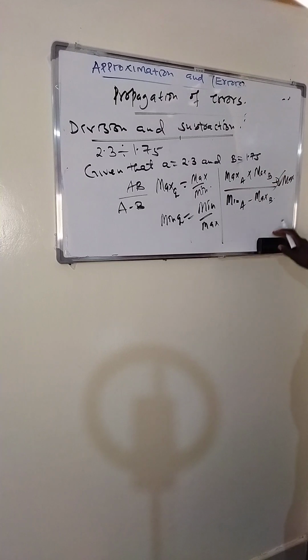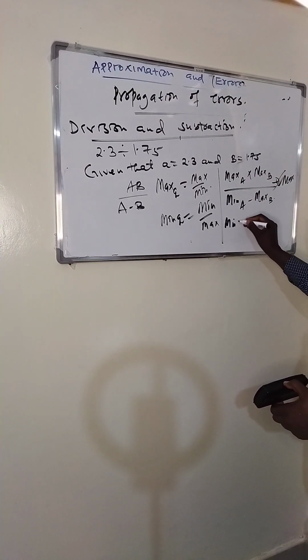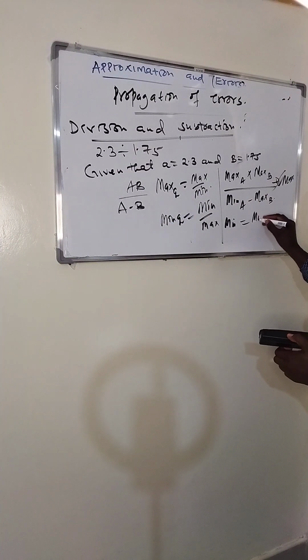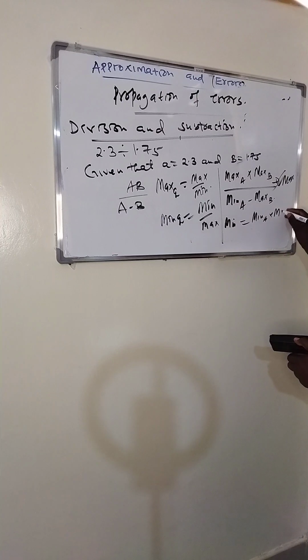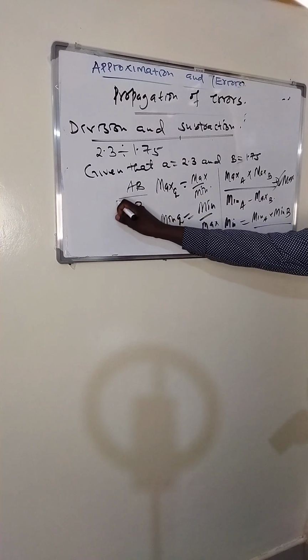The next one is the minimum quotient. For the numerator, to get the minimum in multiplication, we take minimum A times minimum B, divided by the maximum difference.